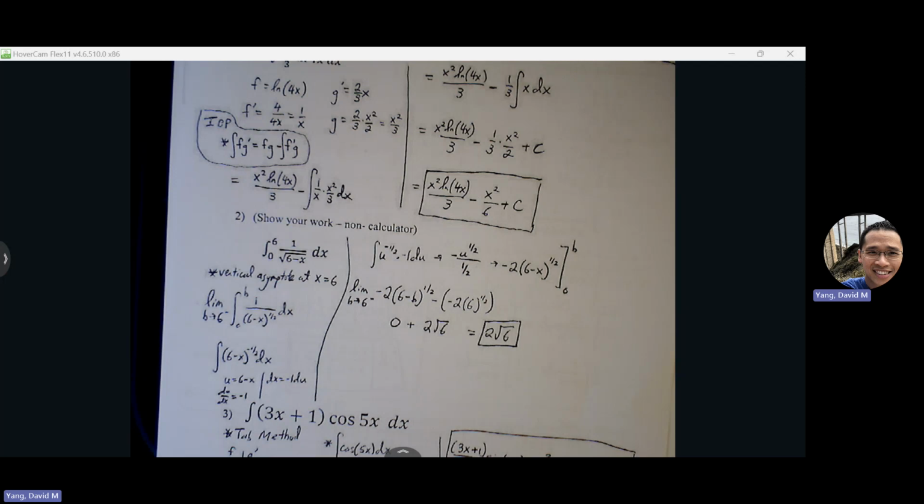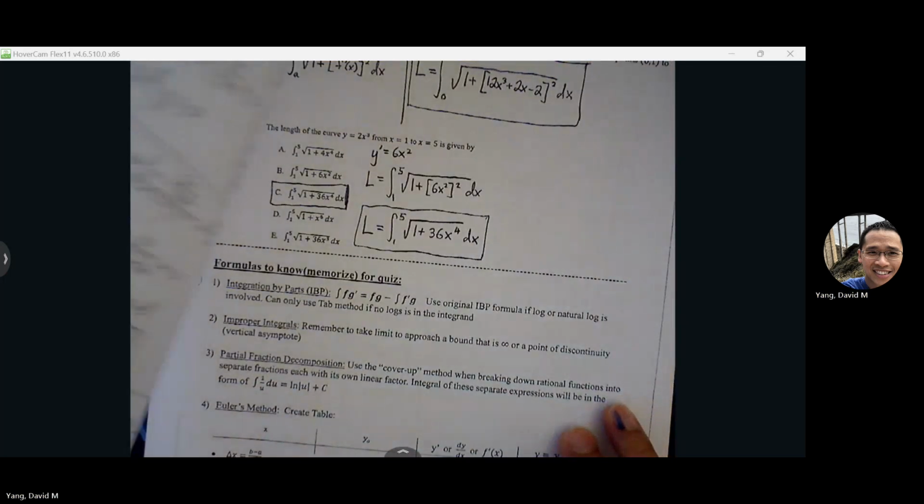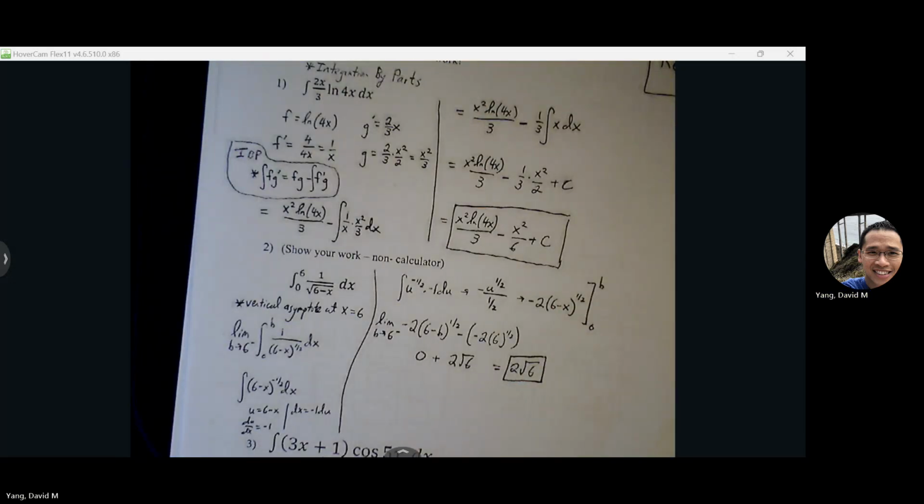And do you know where on the review there's arc length? Yeah, arc length. 13 and 14 on page 5.